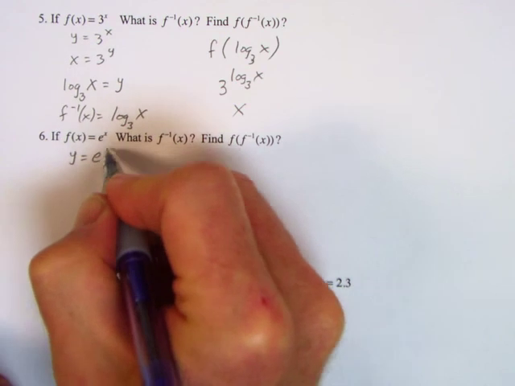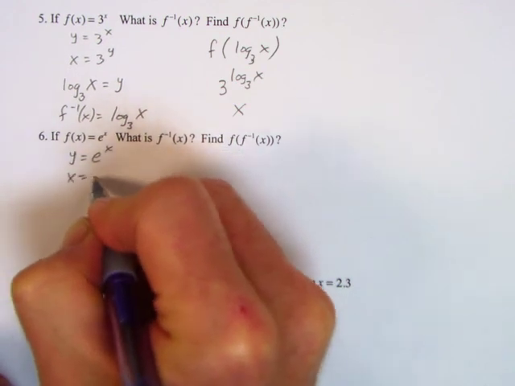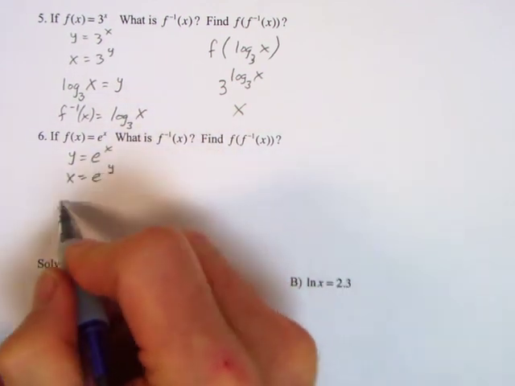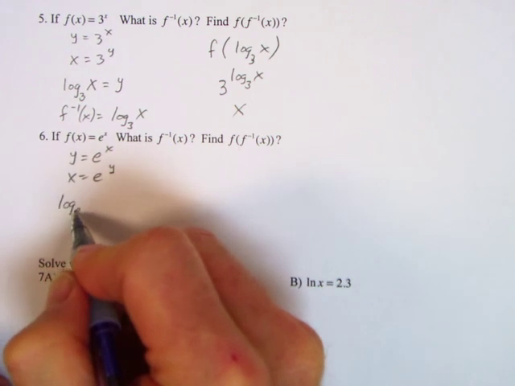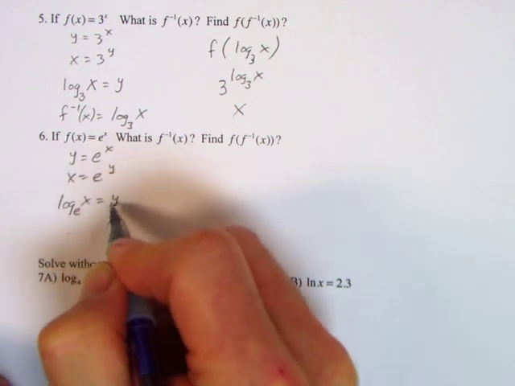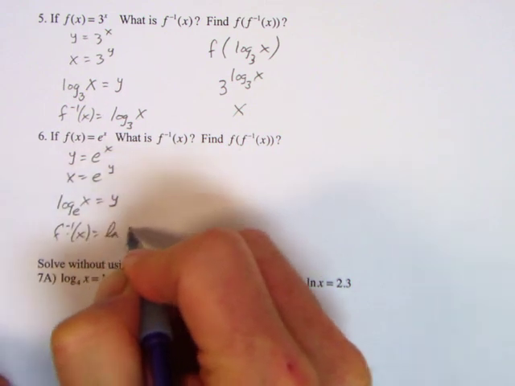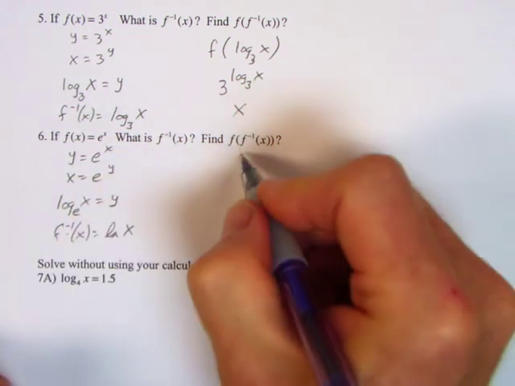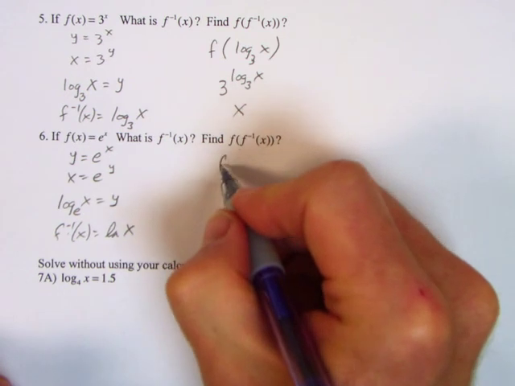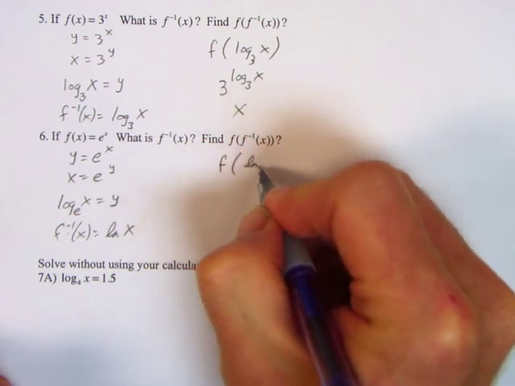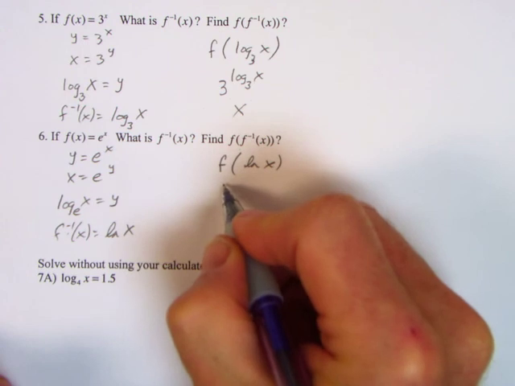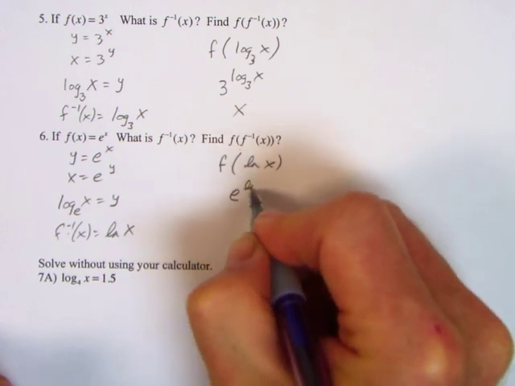Let's do the same thing for the next one. Y equals e to the x, so x equals e to the y. Transform that. This would be log base e of x equals y. So f inverse is the natural log of x. Let's come over here and do the same thing. F of the natural log of x equals e to the ln of x.